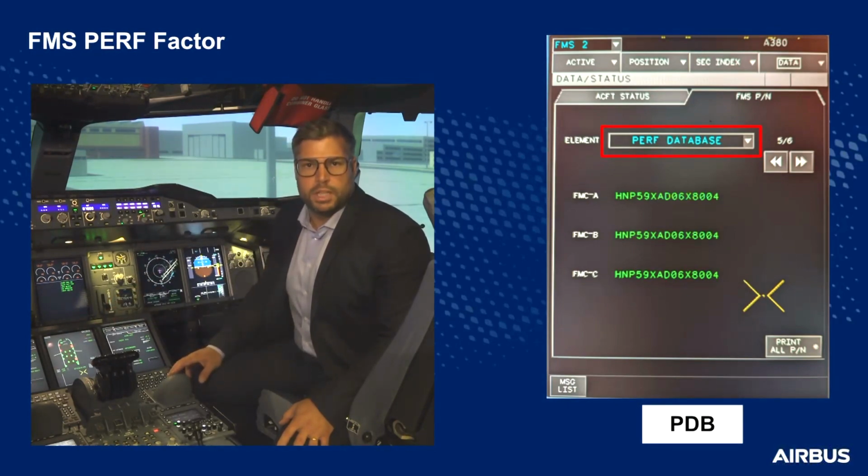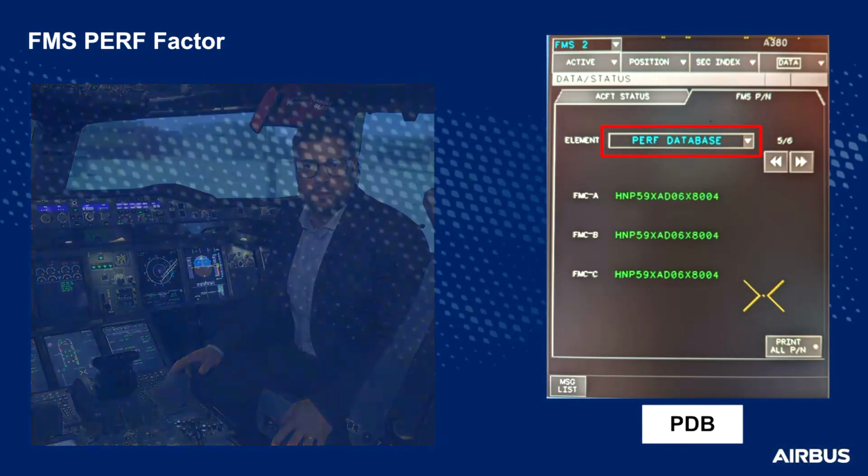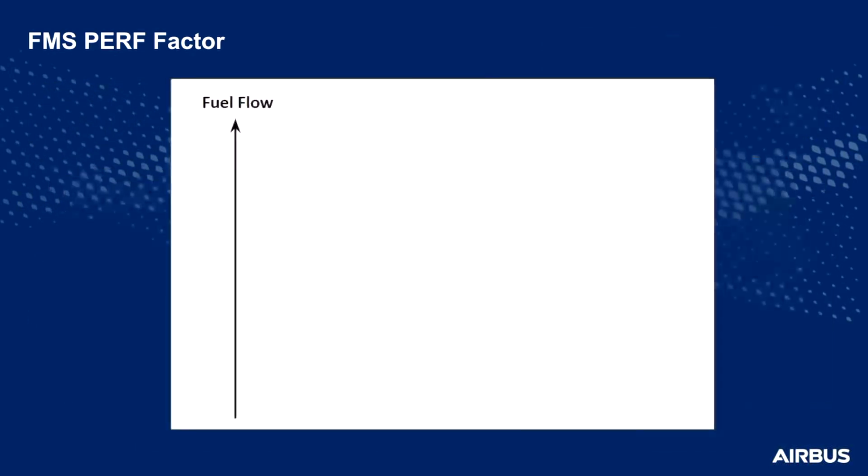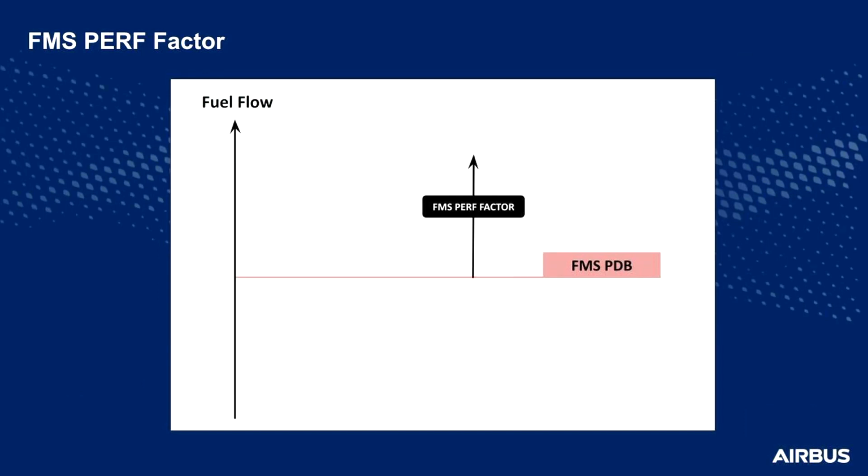The PDB is based on the in-flight performance IFP model, the engineering tool for performance that simulates the average performance level of a fleet of brand new aircraft. The PERF factor is then a corrective factor entered in the FMS in order to adjust the fuel flow provided by the PDB to the real consumption of the aircraft.